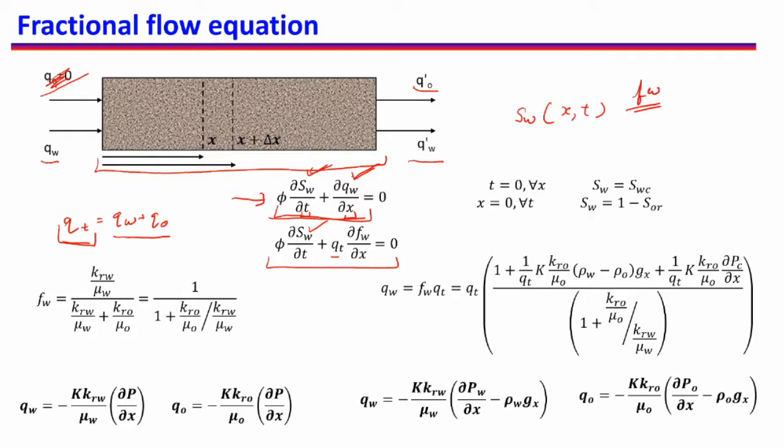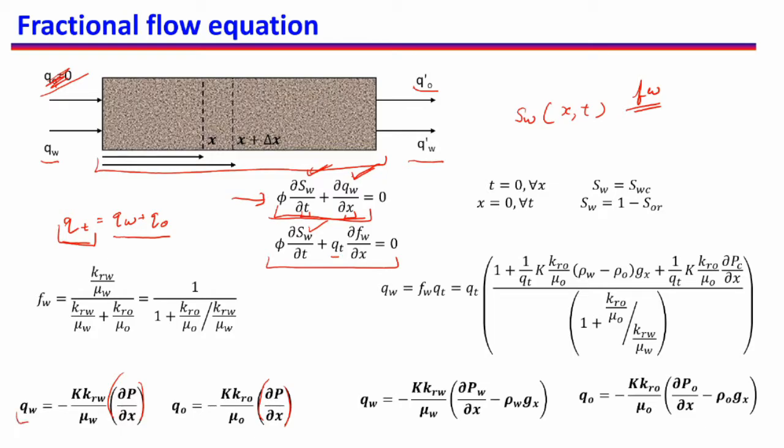In one case, we said that we will not consider any gravity, we will consider the flow is perpendicular to gravity, and we will also not consider any capillary pressure. So the pressure gradient for water flow and the pressure gradient for oil flow are the same, and there is no difference between the pressure of oil and water.